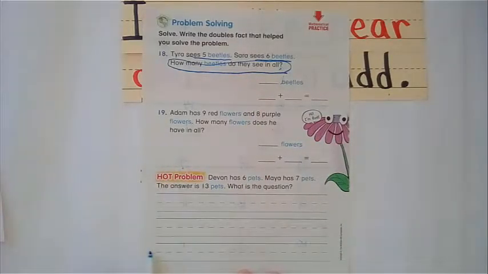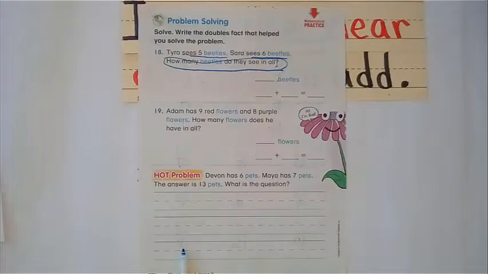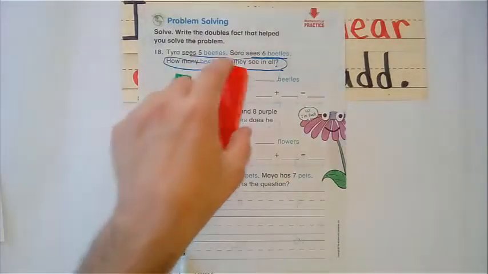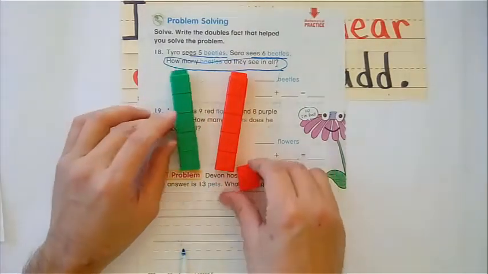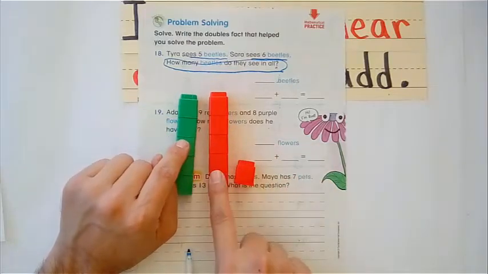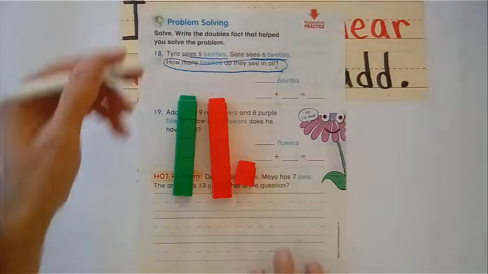I know that that's what I need to solve. So if I have 5 beetles, let me put 5 beetles here because that's what Tyra saw. And then 6 beetles because that's what Sarah saw. She saw 5 beetles and 1 more, right? So it's kind of like saying 5 plus 5 and 1 more.